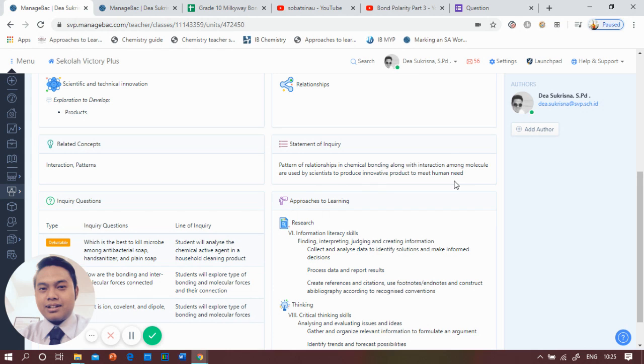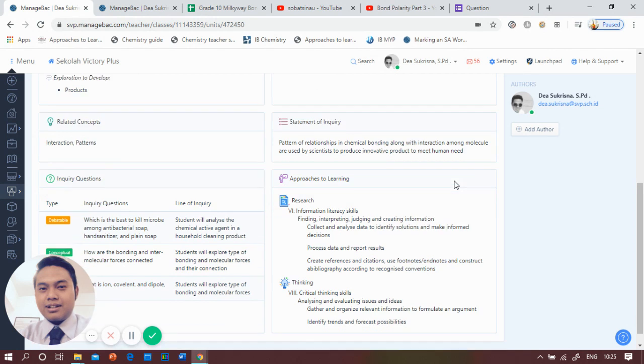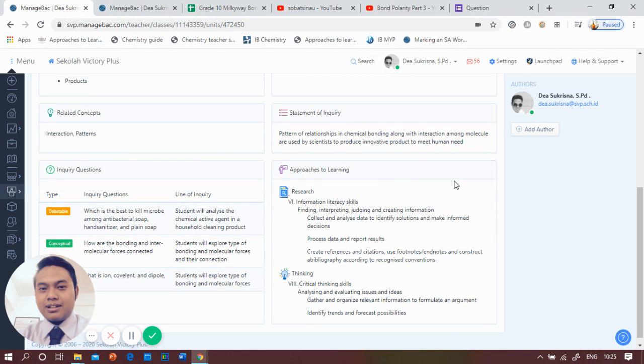Basically, after considering the pattern in the relationship in chemical bonding and also the interaction among molecules, scientists can produce an innovative product.